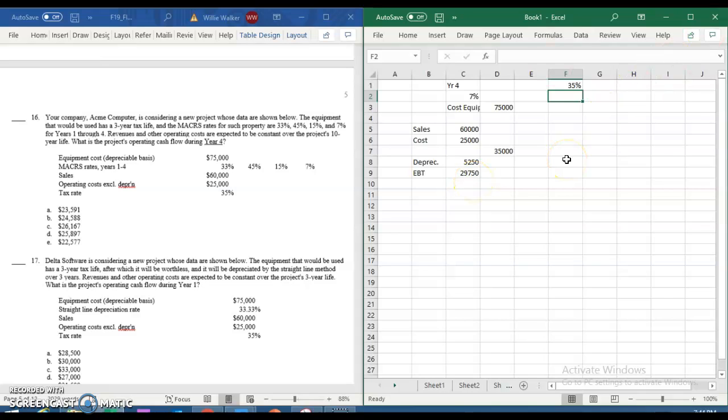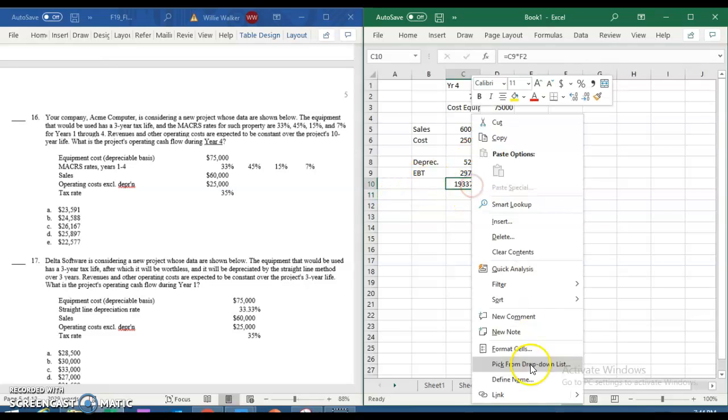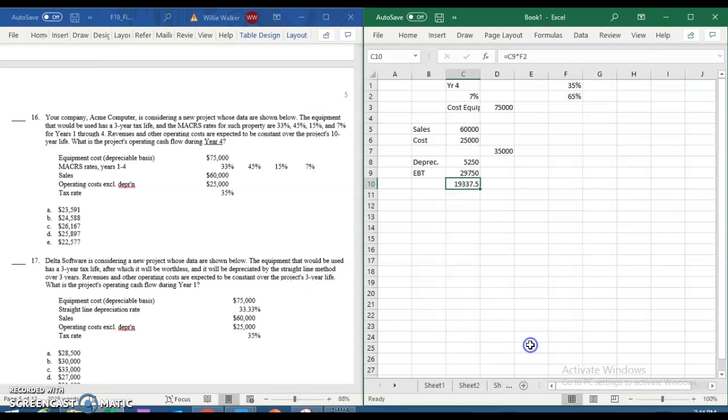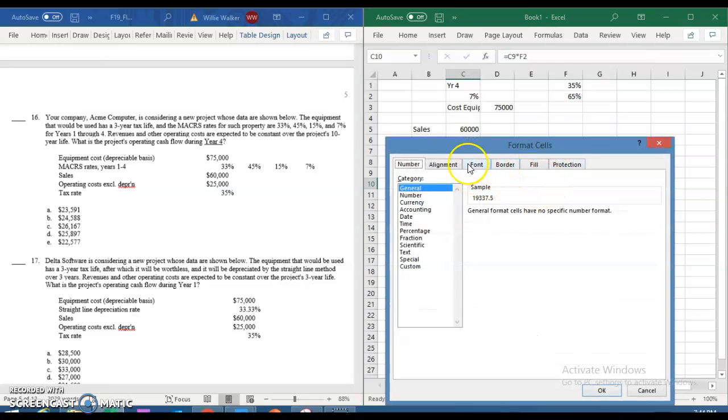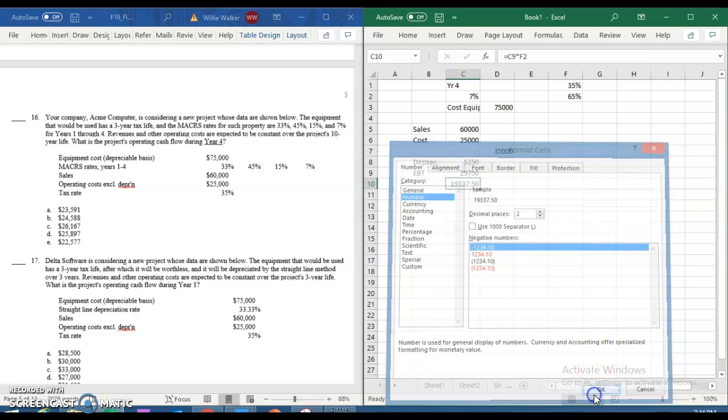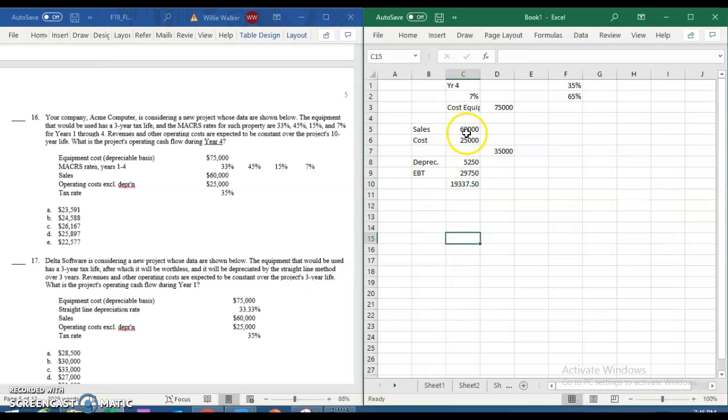I just simply took the opposite of 35%, which is 65%, to give me an effective amount of cash that I'm taking home. So if I multiply the earnings before tax times 65%, that's going to give me the amount of cash that I have on hand after tax, right? So let me turn this into 2 decimal places. Cool. So follow me so far.